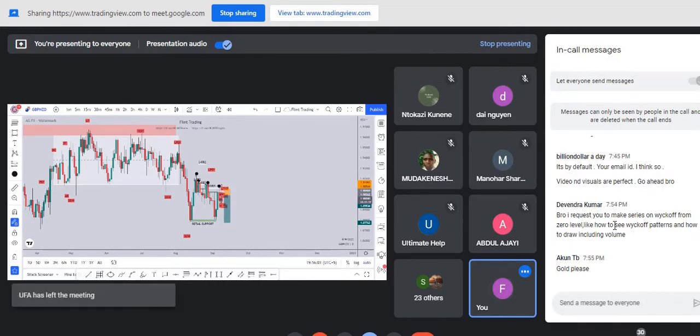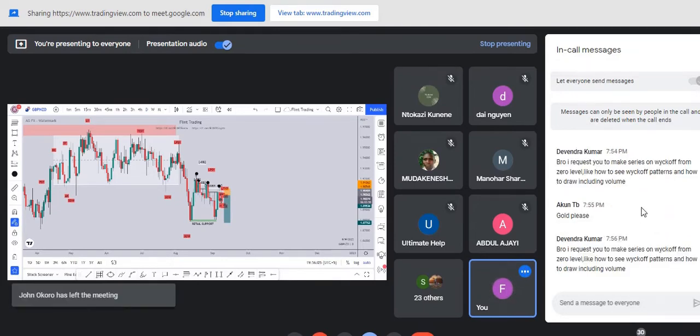A series on Wyckoff from zero level, like how to see Wyckoff patterns. Basically, Devendra, the thing is I've told the sources where you can learn from. There are different courses where you can learn from zero, because I myself learned from those courses.